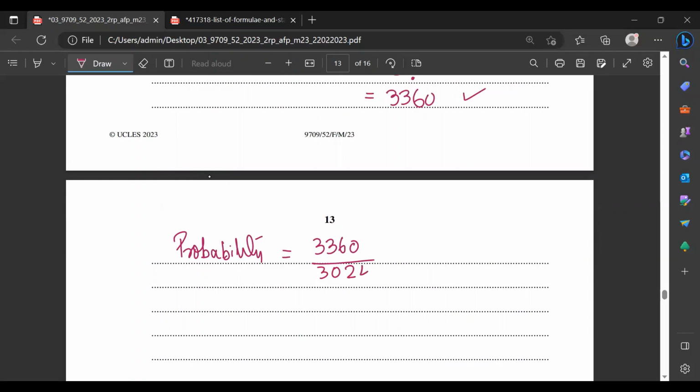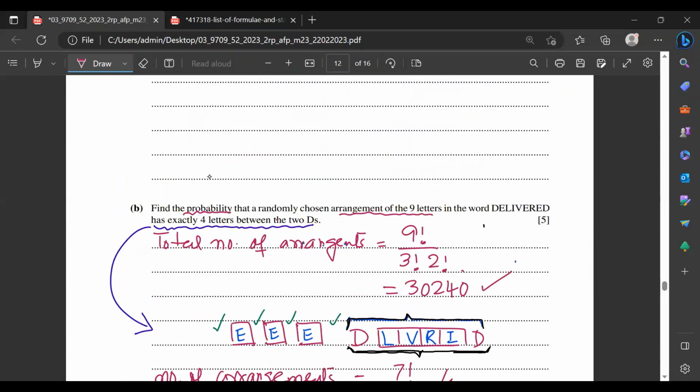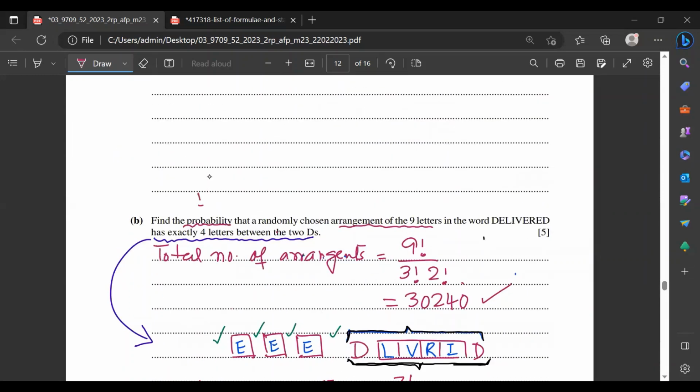For probability we need the favorable outcomes satisfying the condition in the numerator and the total number of outcomes in the denominator, and so the answer is 1/9. 1/9 is the required probability.